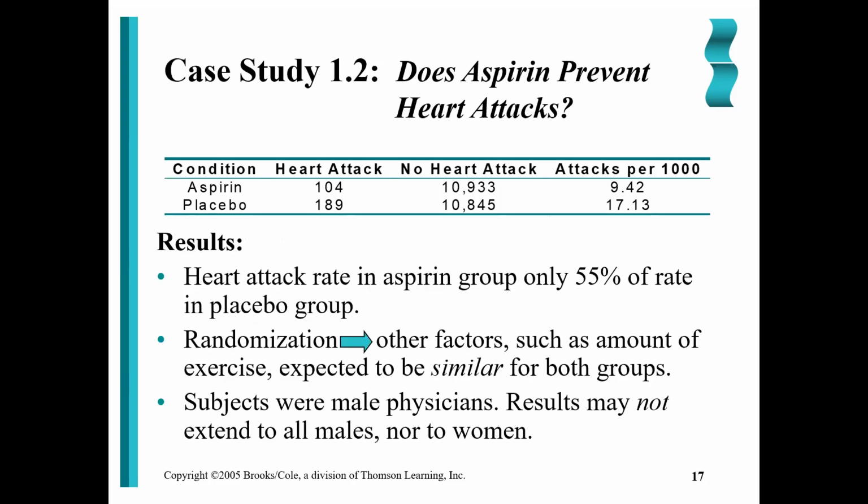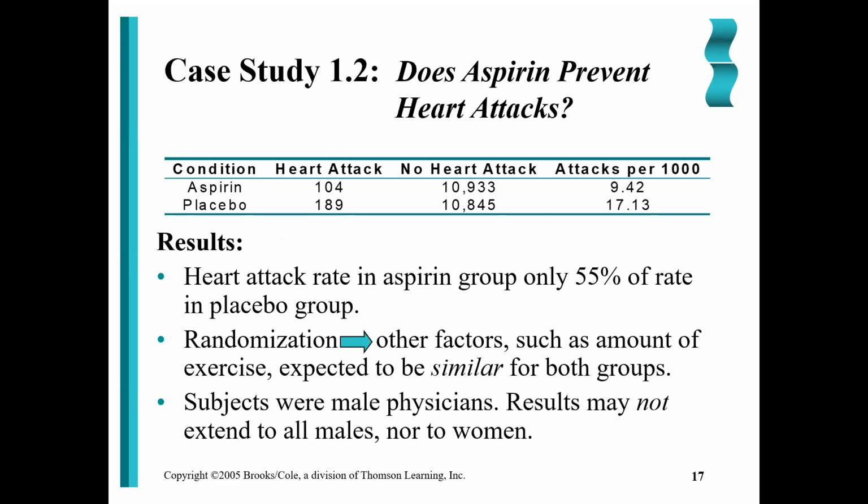Okay. All right. In this case study, here's the results right here, right? Here's the results. Now, some of the ways that we will be presenting data will look like this in a chart form. This is what's called a contingency table.